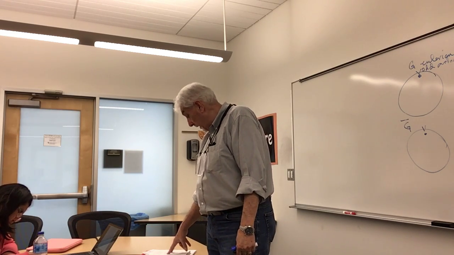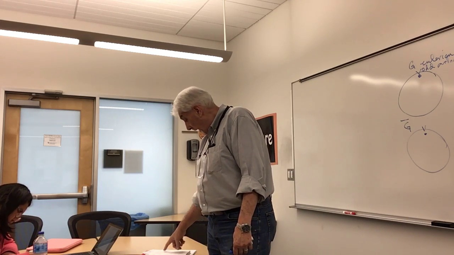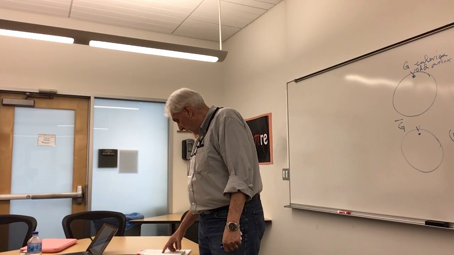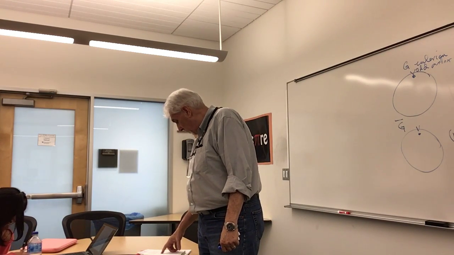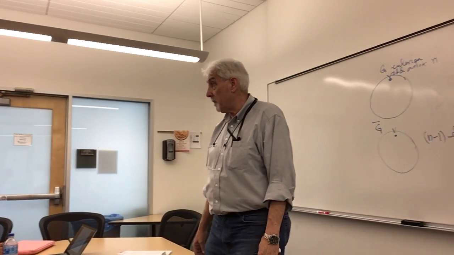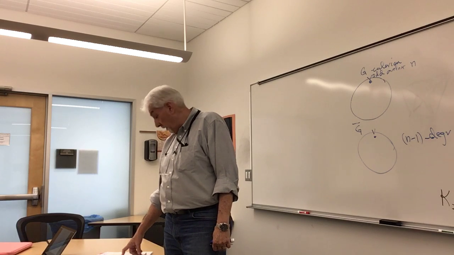It's like a sleight of hand. So this is certainly connected, and it contains 2 odd vertices. What are the 2 odd vertices? X and Z. Everybody else you should check has even degree.